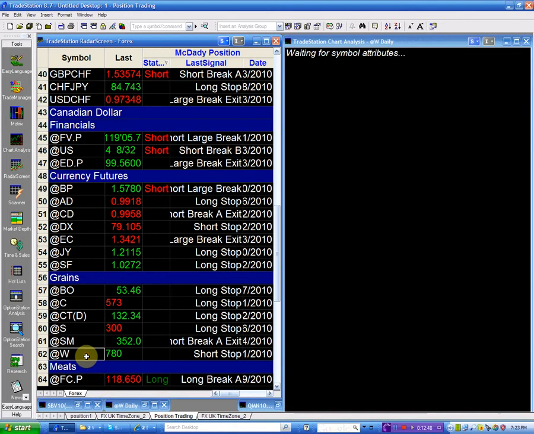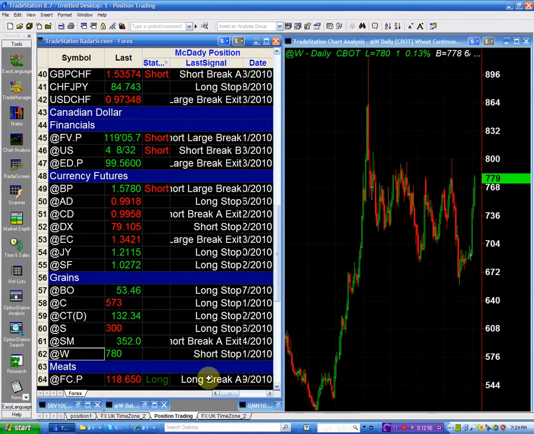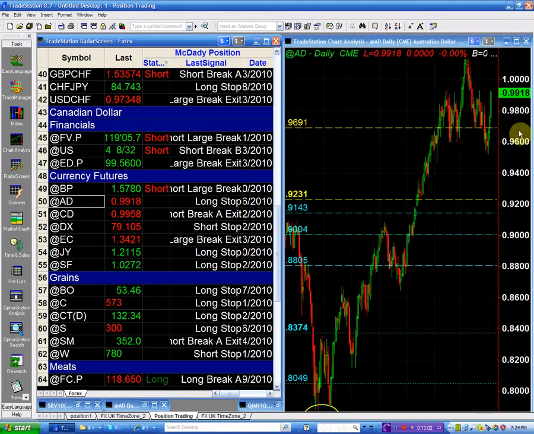Look now at the wheat. You can see the strength coming, this 3 days to the upside in wheat is very much like the 3 days that we had in the Australian, because there is positive correlation between them.